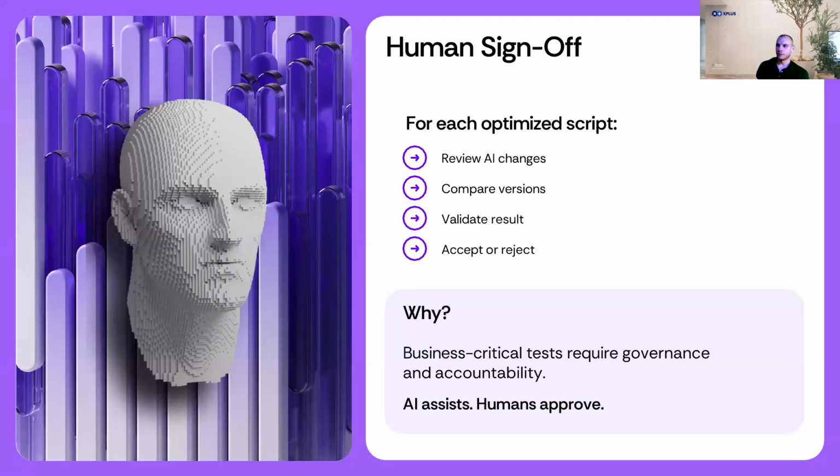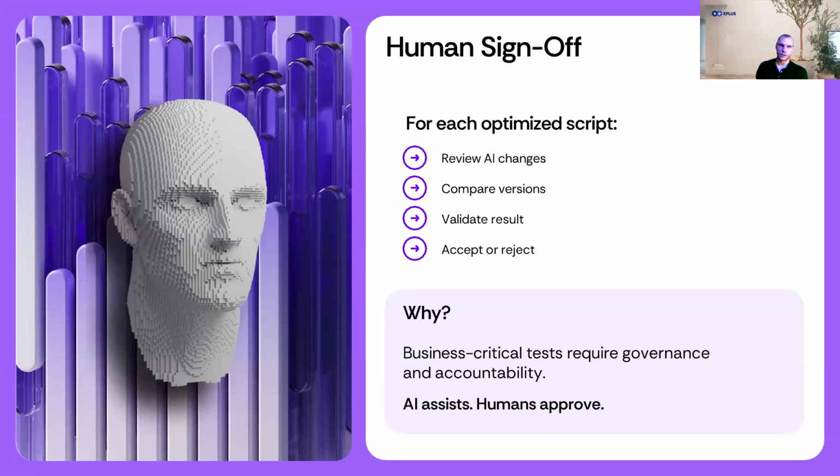So we believe that AI may make mistakes. AI may not correctly understand the intention of the script, the intention of the user. So of course there is always human sign off. So every user after running the optimization has this option to sign off or reject the optimization.